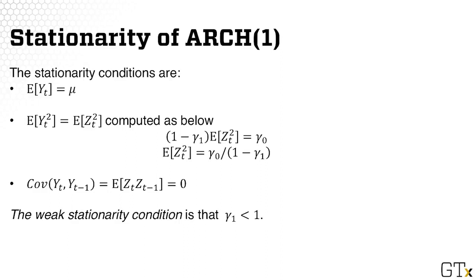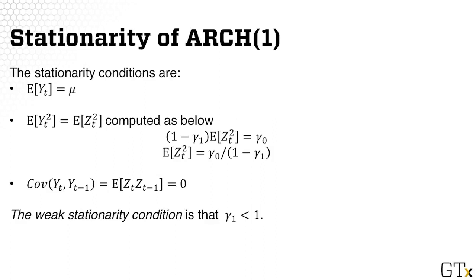The unconditional variance of Y_t is the variance of Z_t, which can be shown to be equal to gamma_0 divided by 1 minus gamma_1, where gamma_0 and gamma_1 are the AR(1) coefficients for Z_t squared. We also need Y_t, and hence Z_t, to be uncorrelated, because we assume that the variance is finite and positive under stationarity. Thus, gamma_1 needs to be smaller than 1.